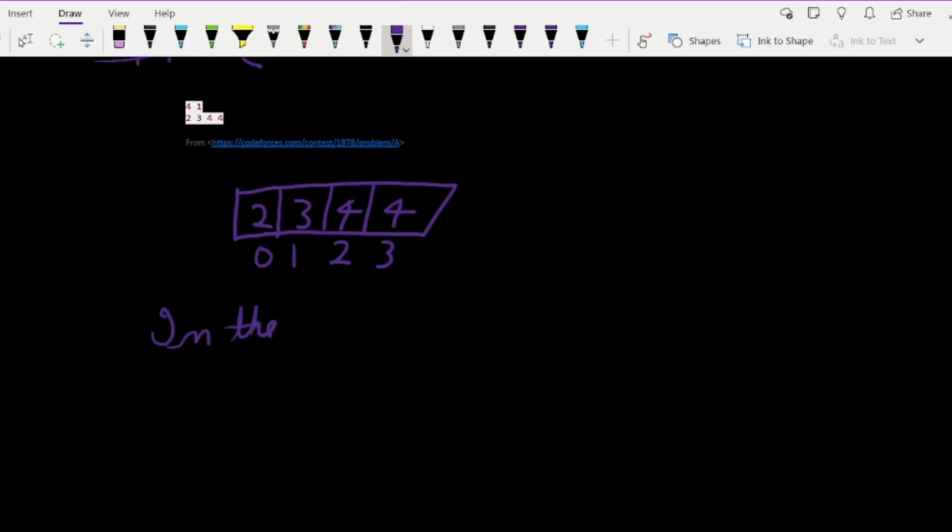in the worst case, t is equal to 1000, n is equal to 100.